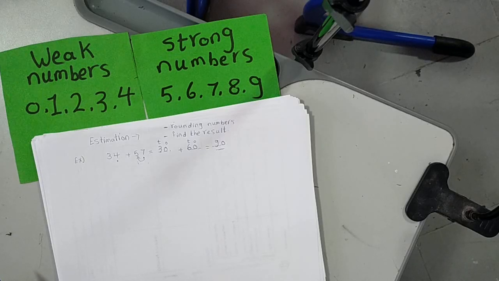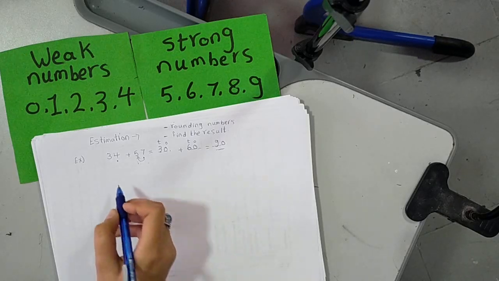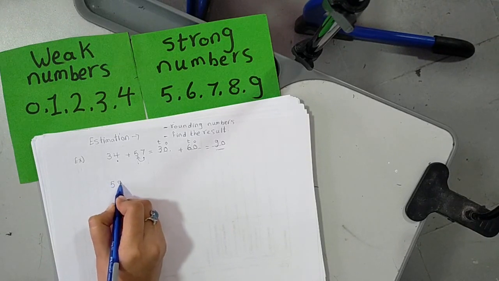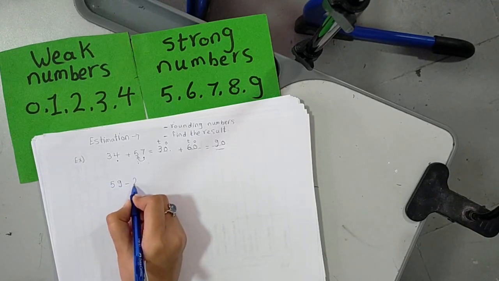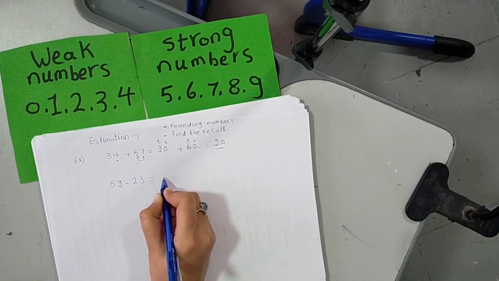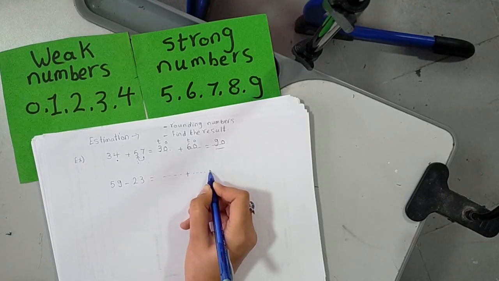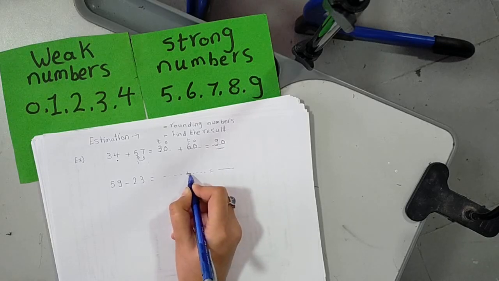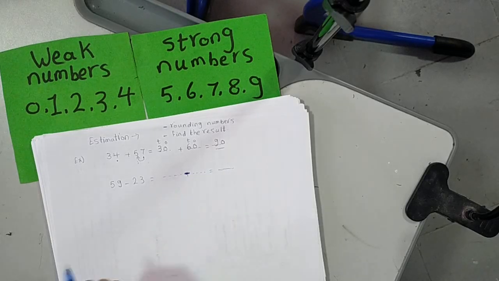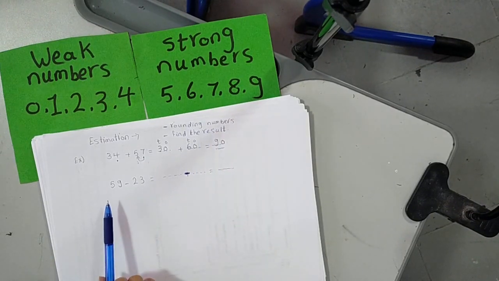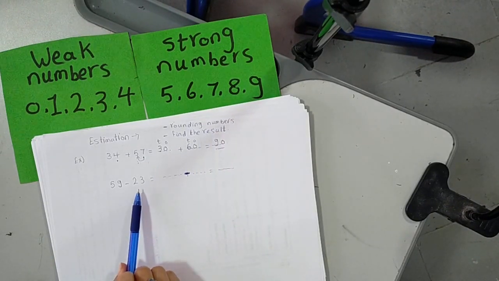How about subtraction? For subtraction, I have here 59 minus 23. Okay, to estimate to find this problem. First step, rounding numbers. So I need to round 59 and 23.